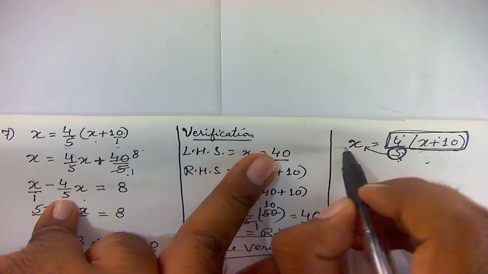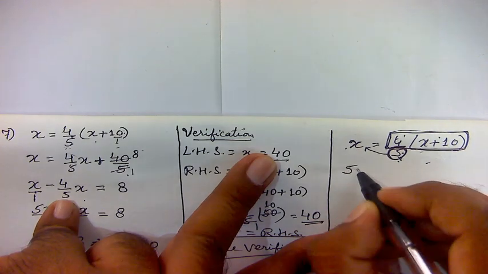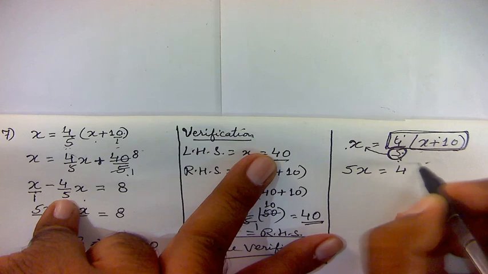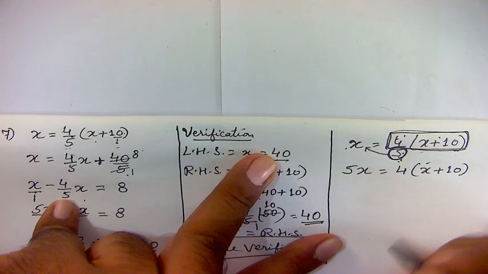Therefore, we can transpose this 5 to the other side. Now, if you do this, your next step will be 5x equals 4 multiplied by (x plus 10).